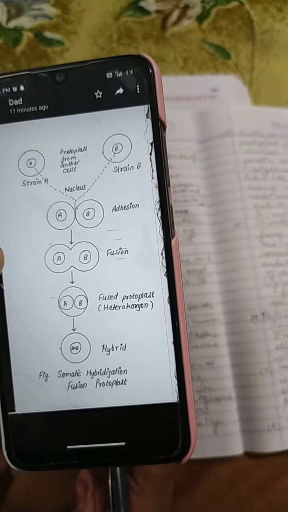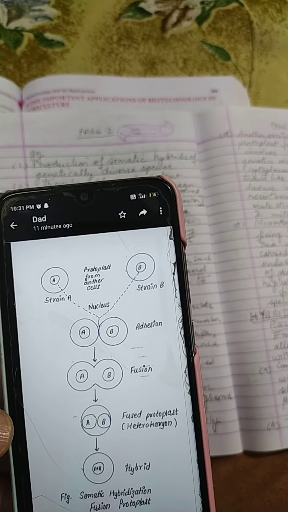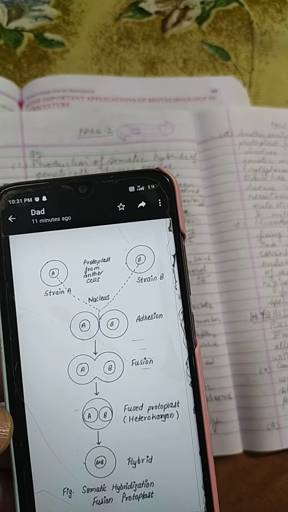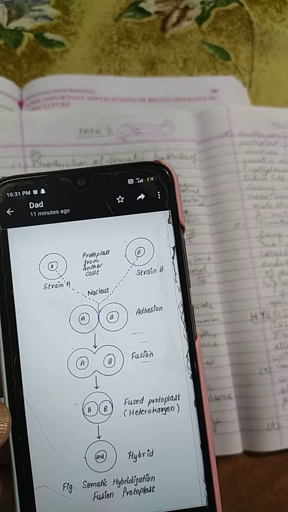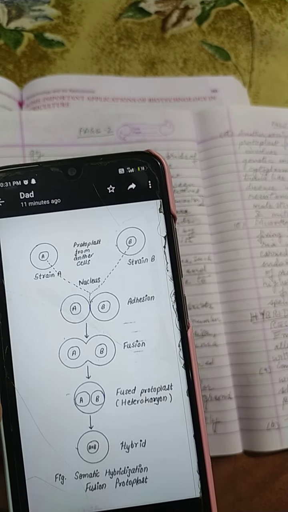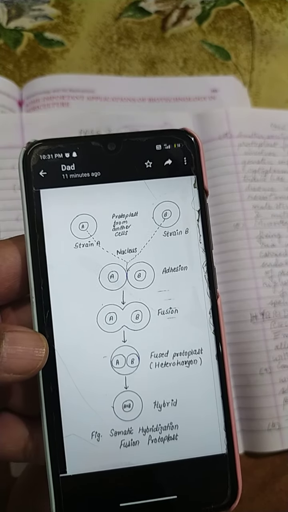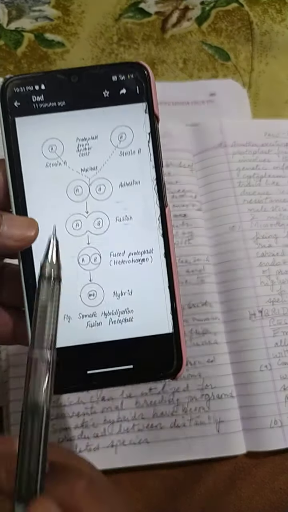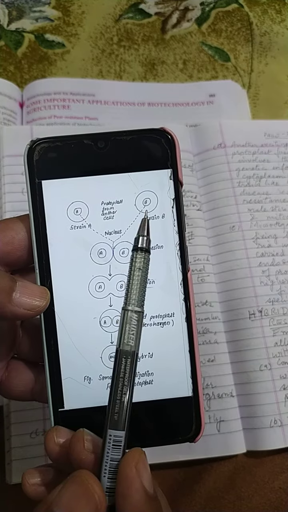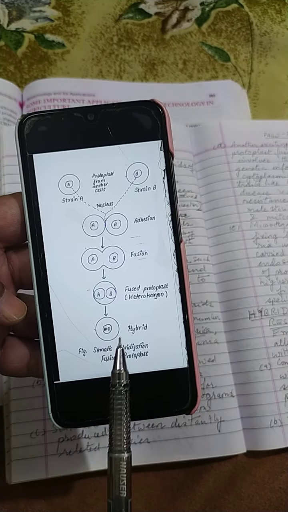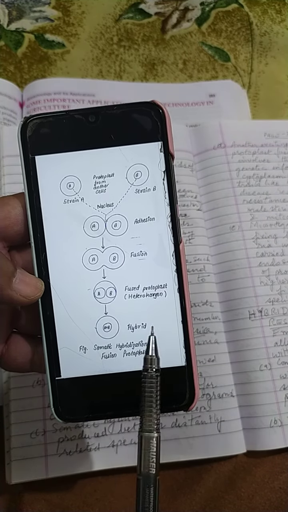So we take a cytoplast and fuse it with a eukaryotic cell, and it produces a hybrid.